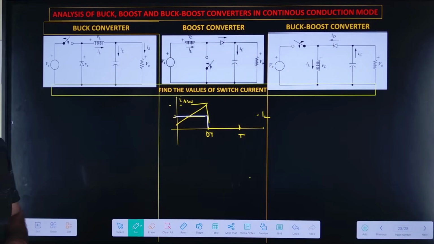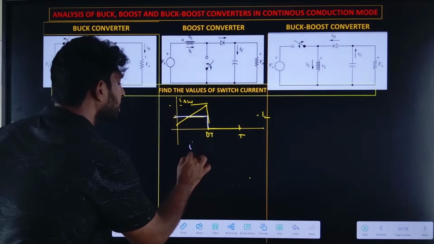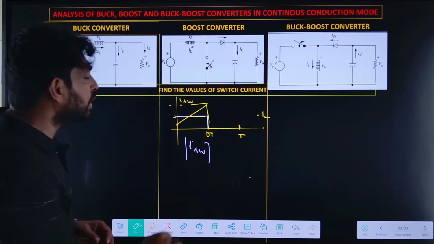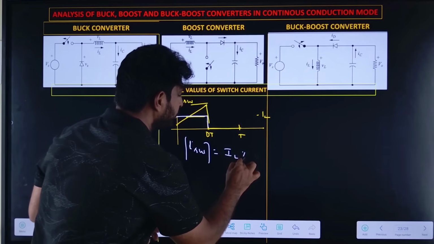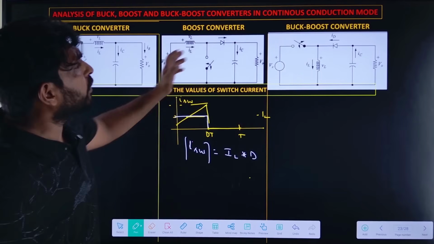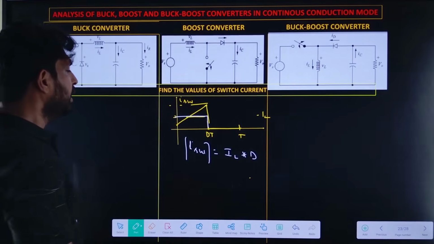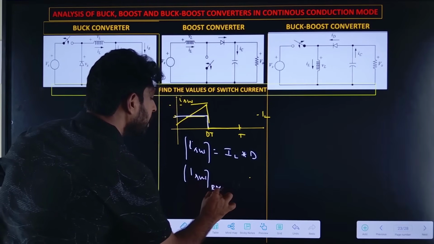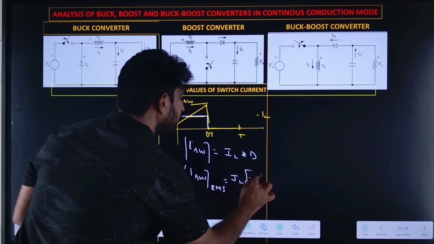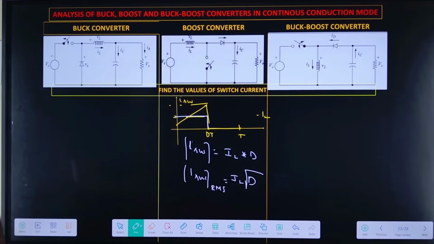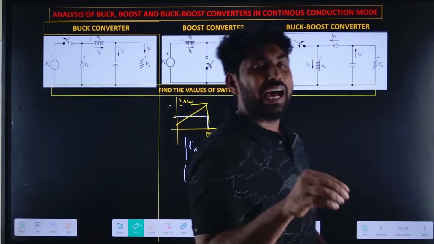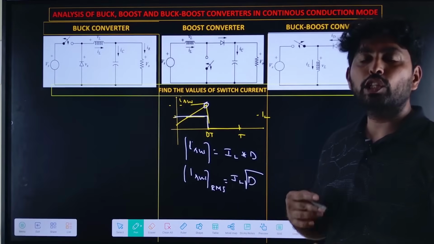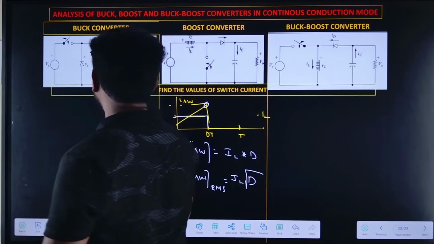If I find the average value of the switch current ISW, it is equal to IL into D, the duty cycle, whatever the topology may be. The RMS value of the switch current is IL into square root of D. This is how we can find the average and RMS value of the switch current. The maximum value of the switch current is equal to the maximum value of the inductor current.